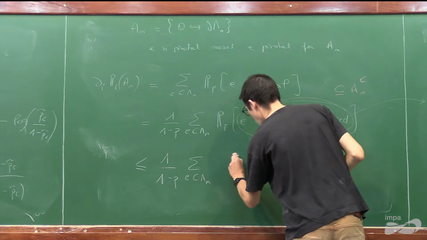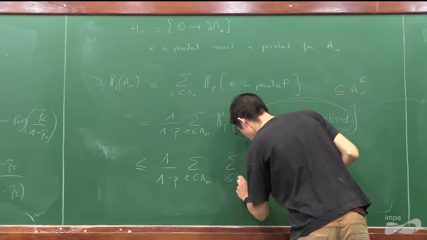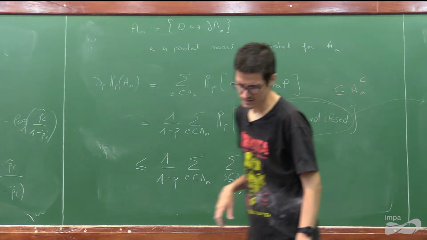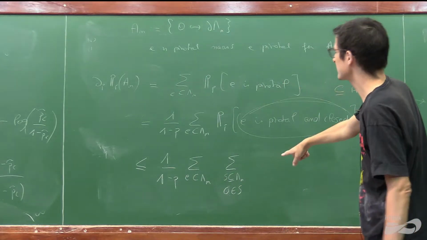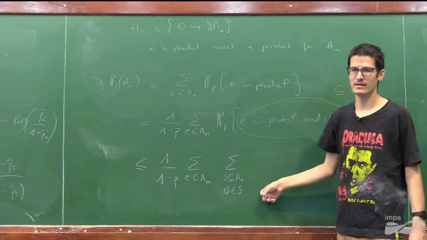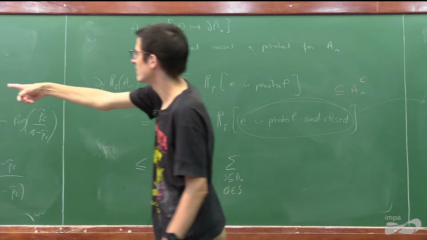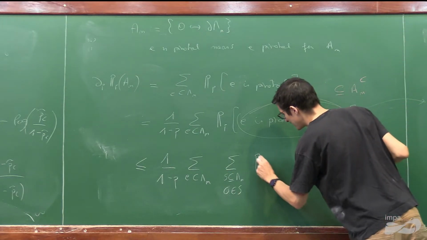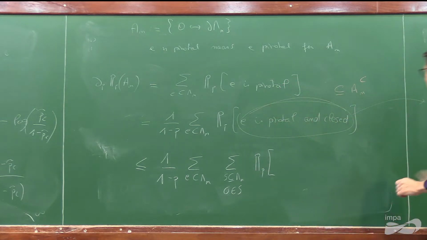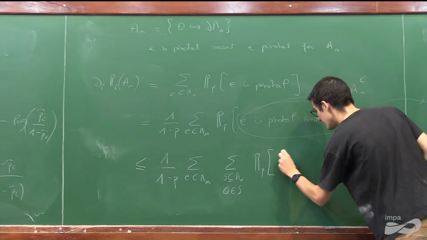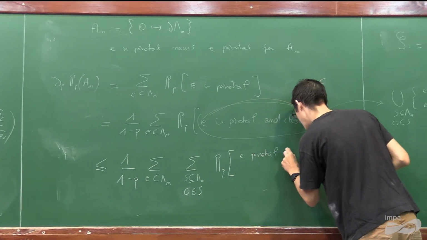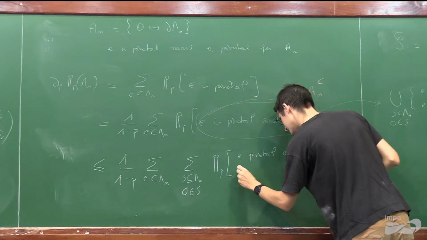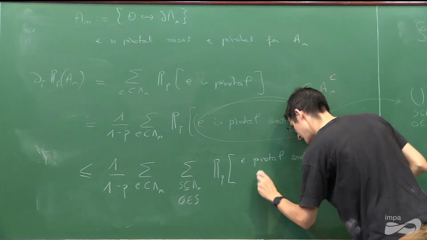So sum over S in lambda n, 0 in S. This might seem kind of worrying, because you have a sum and here you have an inf, but the idea is that inside the probability, we will have something that tends to 1. E pivotal and closed, and S equal S.